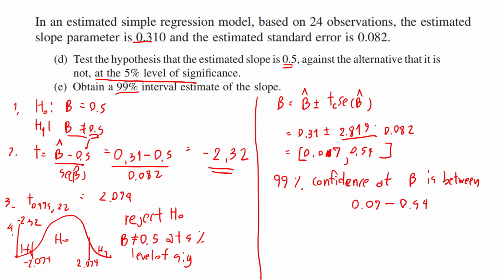This is the meaning of interval estimate. They may ask you, can you believe that the beta is 0.31? I'm not sure, but I have 99% confidence that the real beta must be between these values.